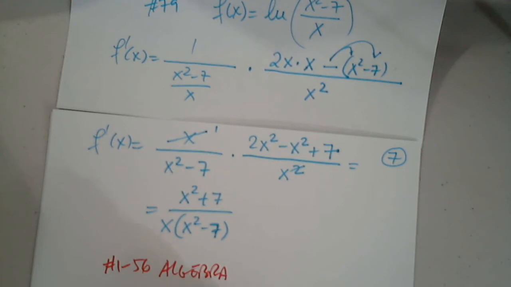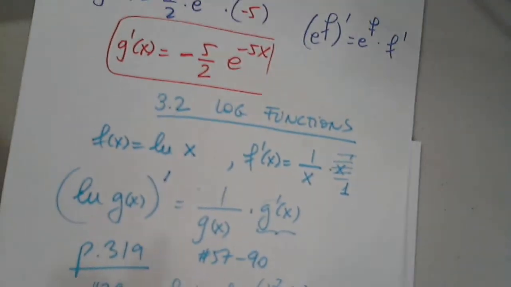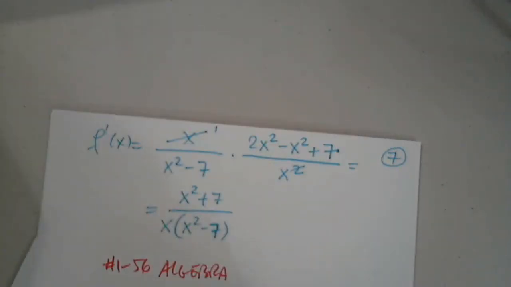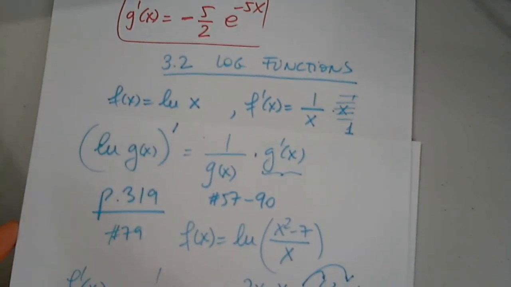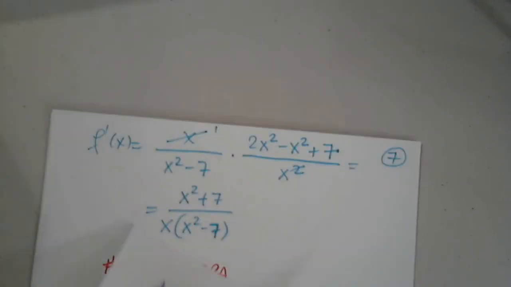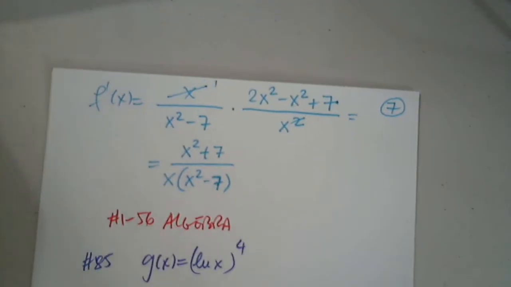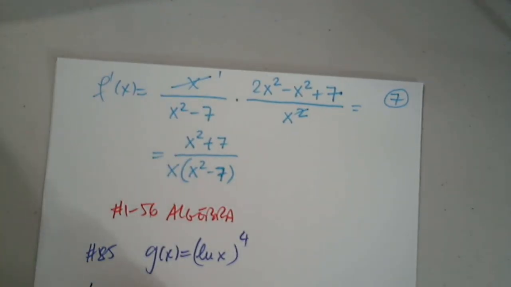So g of x equals natural log x to the 4th power. So this is a function raised to a power. I didn't ask any questions on this, please. Anyone? Any questions on this problem? Okay, let me know. So g prime, remember it's a function to a power.